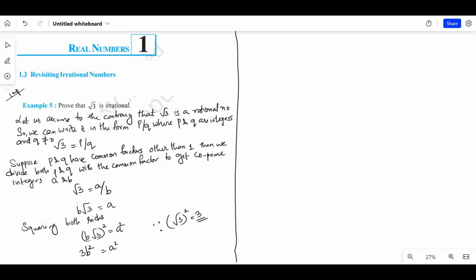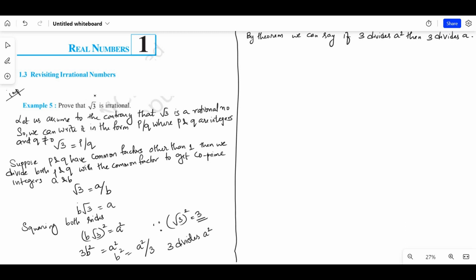So 3b square is equal to a square, b square is equal to a square divided by 3, which means 3 divides a square. So by theorem, we can say if 3 divides a square, then 3 divides a.